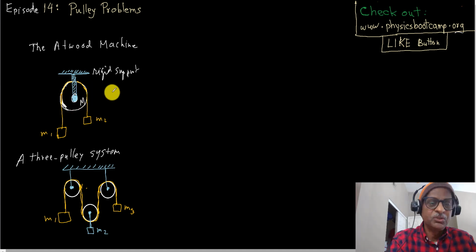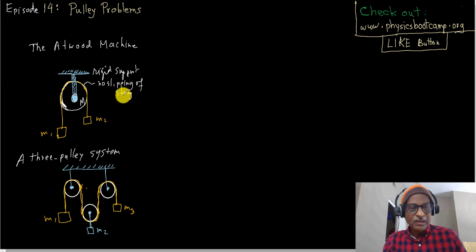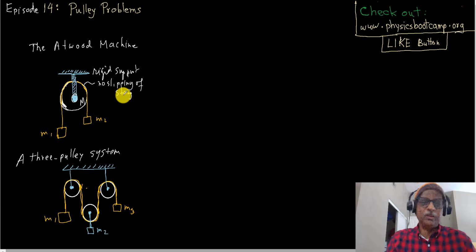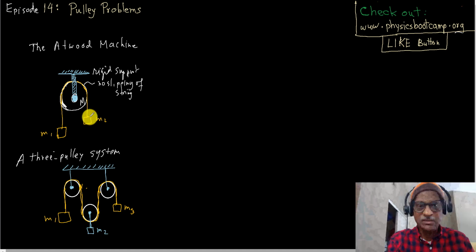So another assumption we'll make is no slipping of the string. We will see how that affects things. So we're going to do the whole problem, and there's going to be rotation as well as translation of these guys.